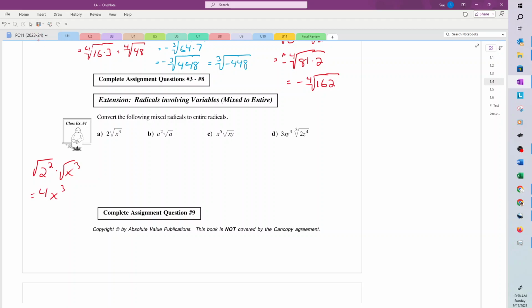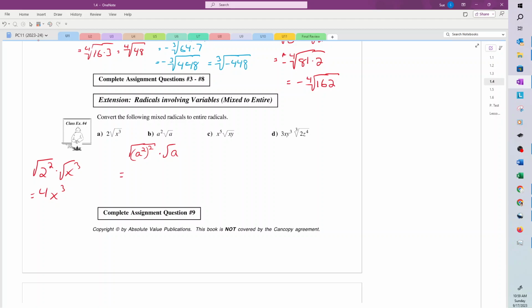The next one, a squared, is going to become the square root of a squared times root a. Now, I hope you're seeing that when I write it this way, this term becomes this term, or this piece of it becomes this piece. This factor is equivalent to this factor.